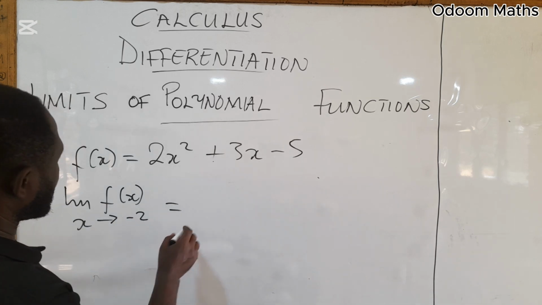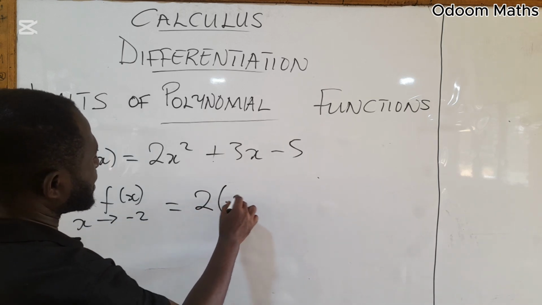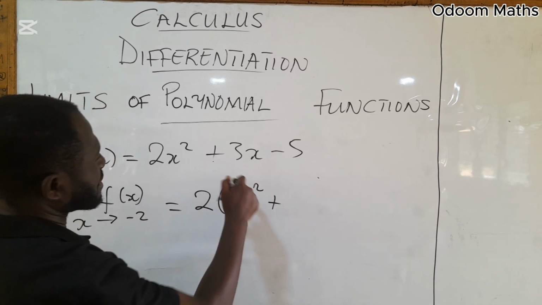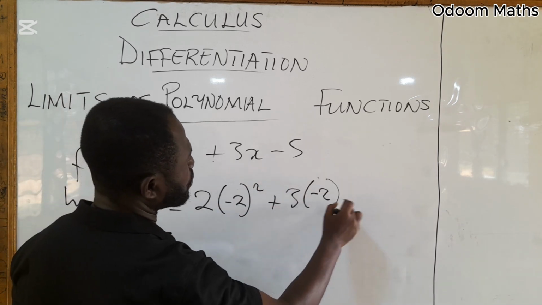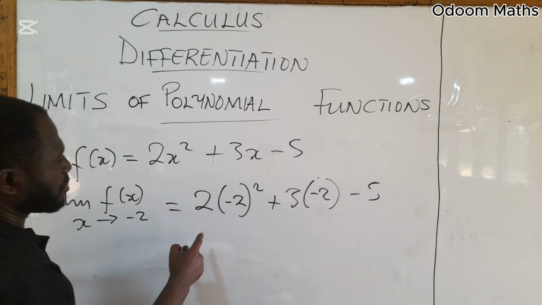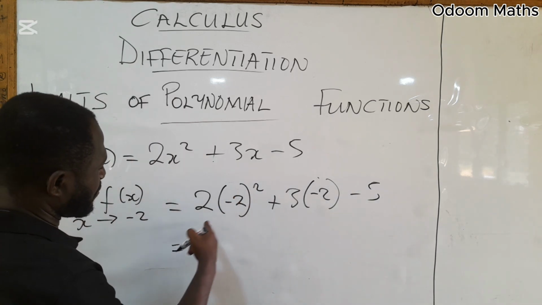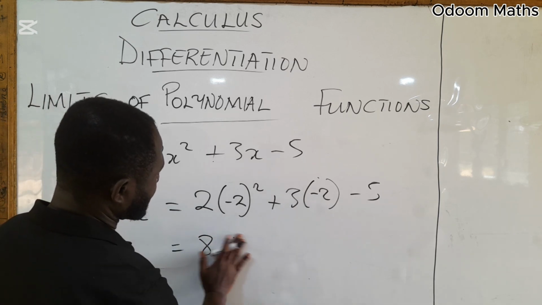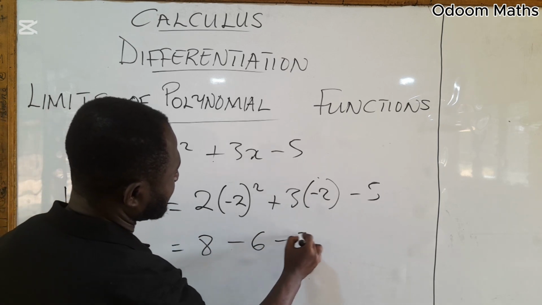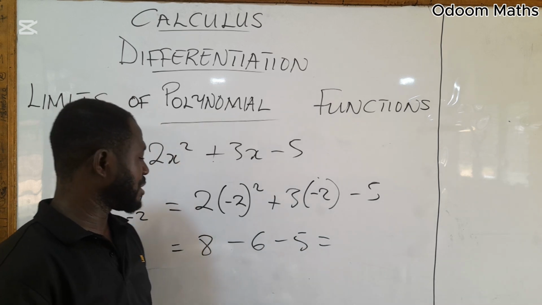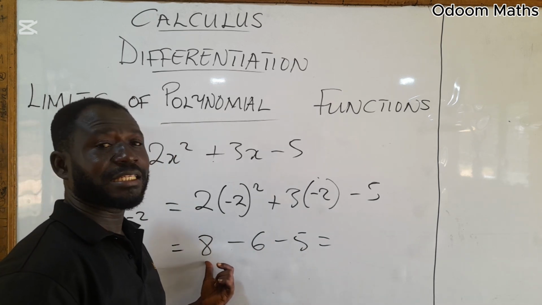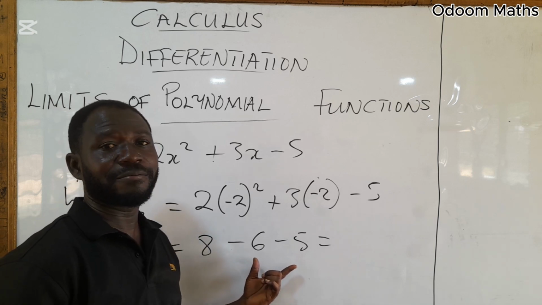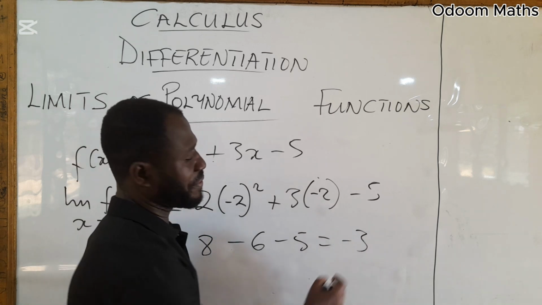So that is going to be 2 into -2 squared plus 3 into -2 minus 5. So this is going to be 4 times 2, 8, plus this is also -6, so minus 6, and then minus 5, and that becomes -11 plus 8, or 8 minus 11, that is -3.